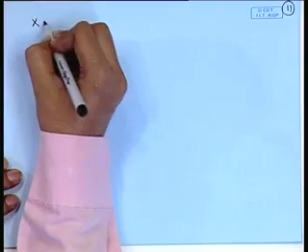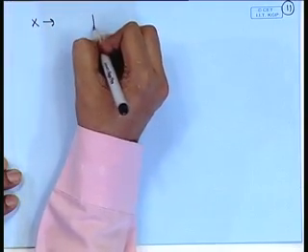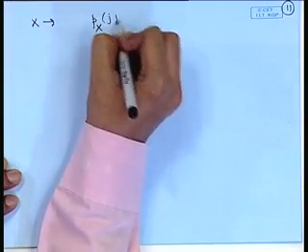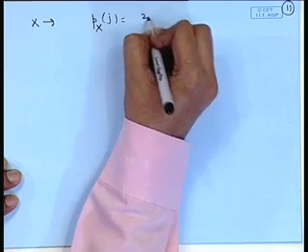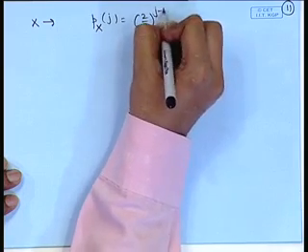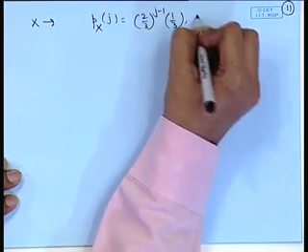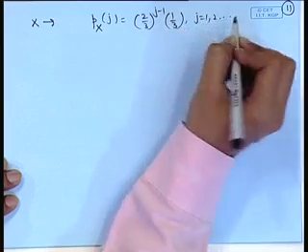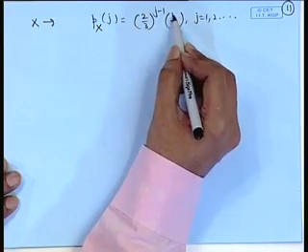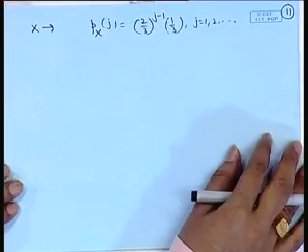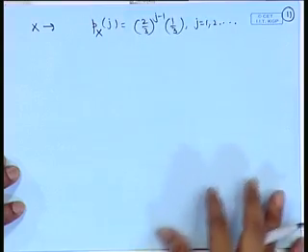So, this is perfectly a case of geometric distribution. If I consider x as the number of trials needed, then you will have P(X equal to j) is equal to (2 by 3) to the power j minus 1 into 1 by 3 for j equal to 1, 2 and so on. That means in the first trial you will get a success with probability 1 by 3, in the second trial you will get a success with probability 2 by 3 into 1 by 3, and so on.